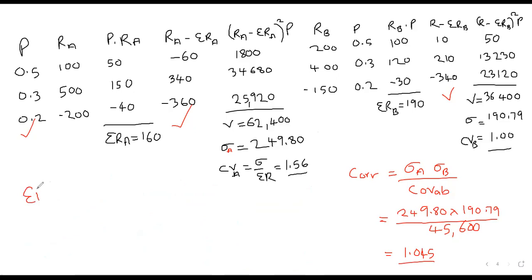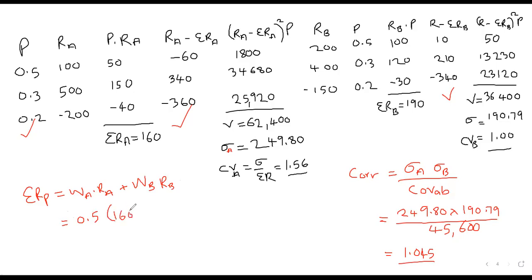So the expected return for the portfolio is simply the weight for asset A times the return for asset A plus the weight for asset B times the return for asset B. You'll be given the weight. Sometimes they say 60% was invested in asset A, meaning 40 will be in asset B. Okay, so here it is 50-50.